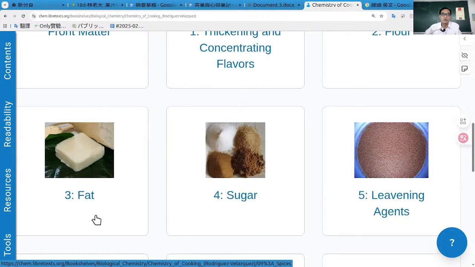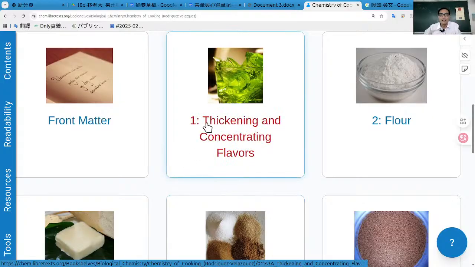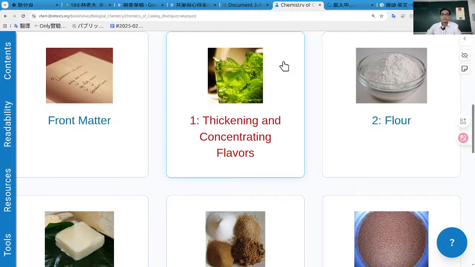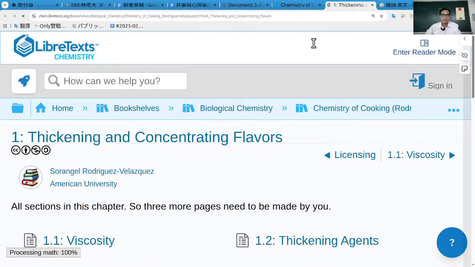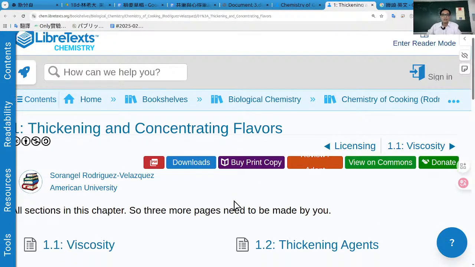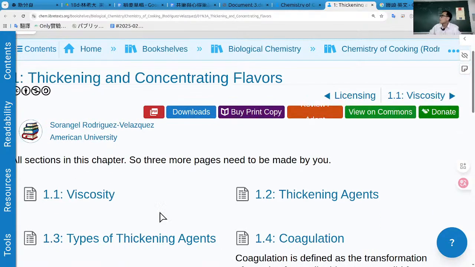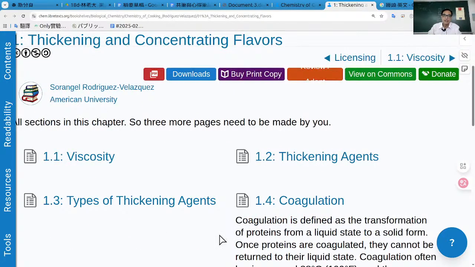Okay, and let's move to the first chapter, thickening and concentrating flavors. There are some sections. The first one, viscosity, very sticky, and thickening agents, types of thickening agents, and coagulation. Coagulation in chemistry is very complicated, but in the kitchen it's easy.